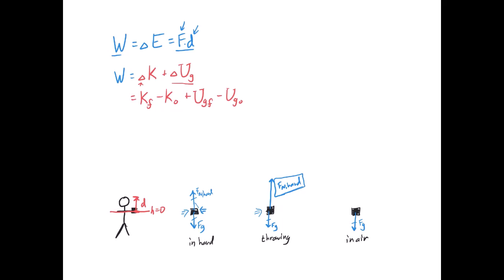So at this lowest point, he didn't have any speed, which means he didn't have any kinetic energy. And he didn't have any gravitational potential energy, because he didn't have any height there either. So what we're left with is simply that the amount of work done is equal to whatever kinetic energy he has as he leaves my hand, plus the gravitational potential energy that was gained over that height of d.